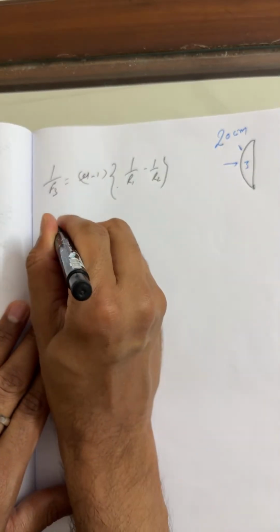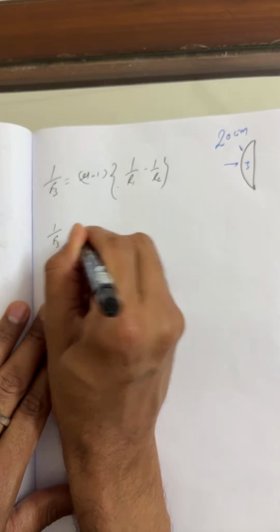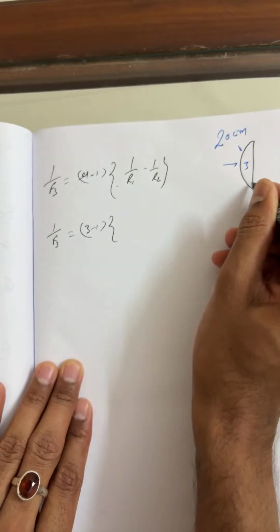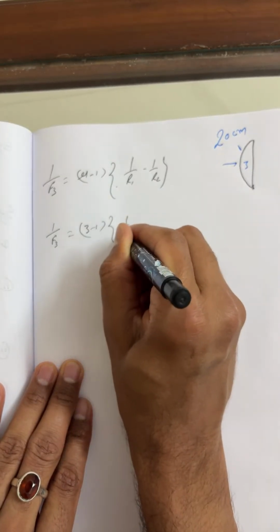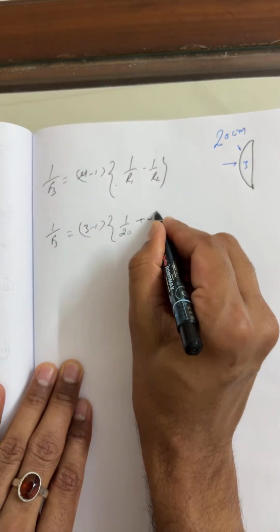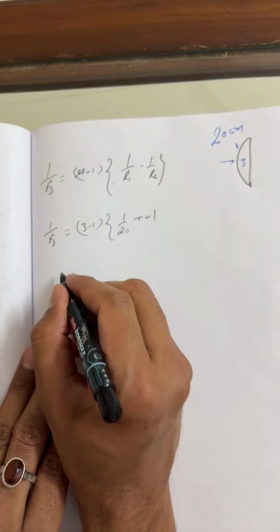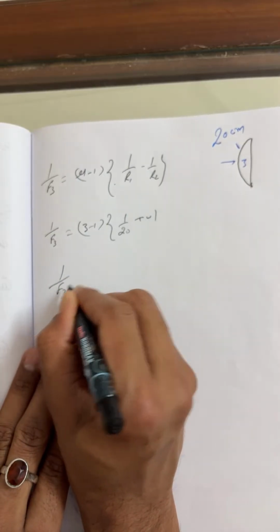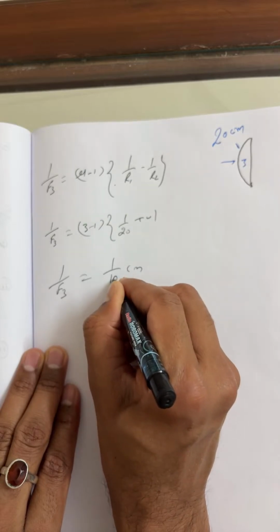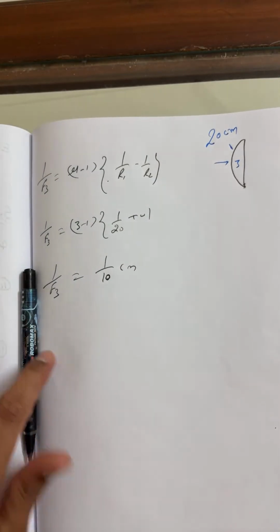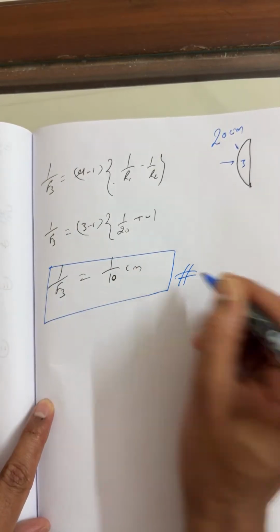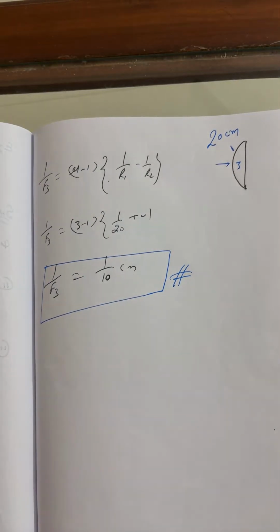So 1 upon F3, mu how much? 3 minus 1. The 1 upon R1 here remains positive. And for the flat surface here, it will go to 0. So 3 minus 1 here, 2 only. So you can say 1 upon F3 is equal to 1 by 10 centimeter. Yes, this is the result which you can keep in your mind. It's highly required.